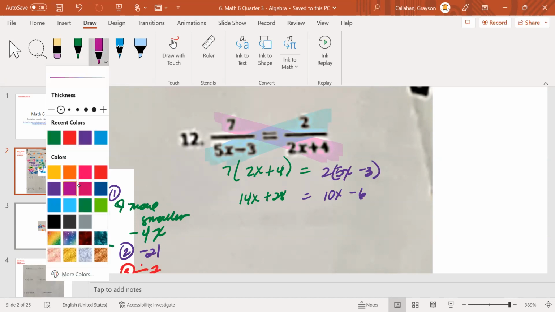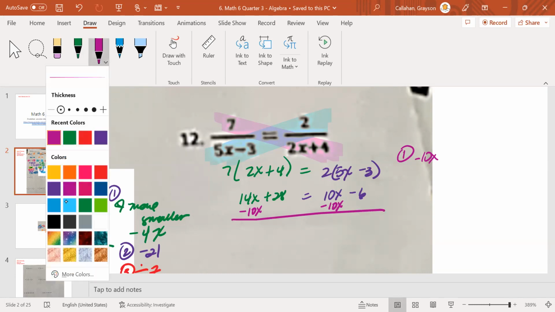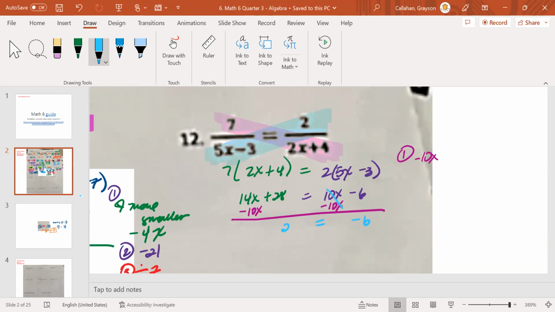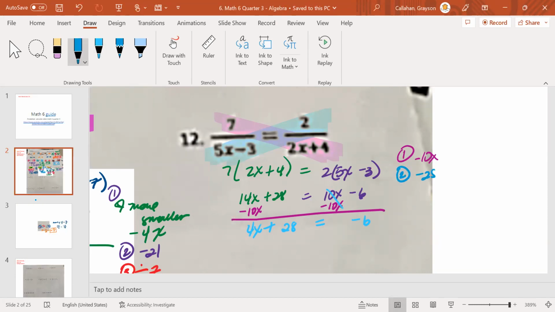Step 1, you always subtract the smaller x's, so 10x, subtract it. When you do that, realize that you are going to now cancel the 10x, bring down the negative 6, positive 28, 4x. Step number 2, you're going to go ahead and subtract the 28 on both sides.